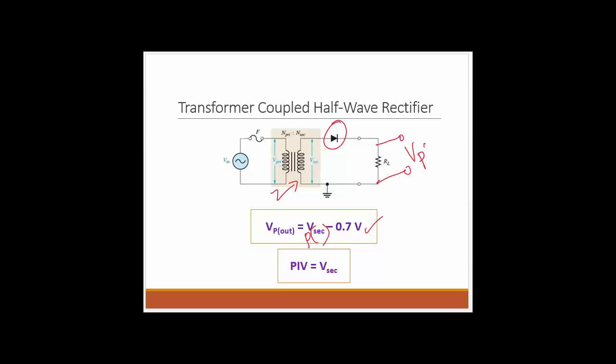That is the peak output voltage. And the PIV rating of the diode is nothing but this peak secondary voltage, because that is what is applied to the diode, not the input voltage. The input voltage is applied to the primary side of the transformer, but the diode is getting the secondary voltage.